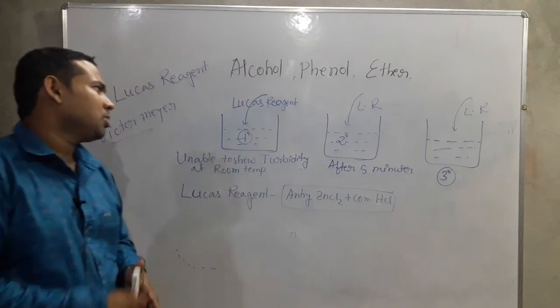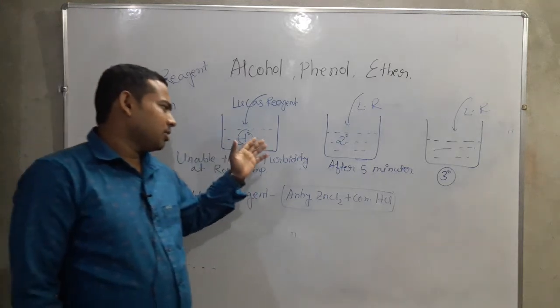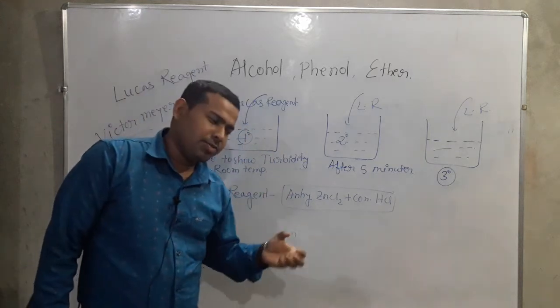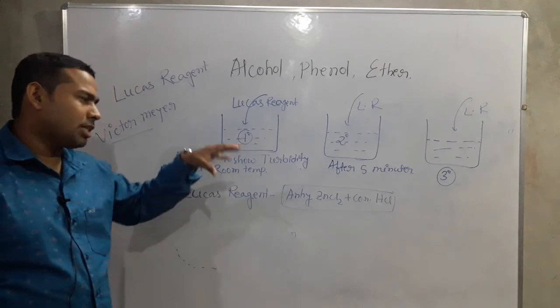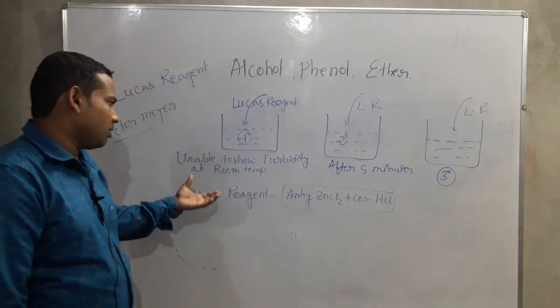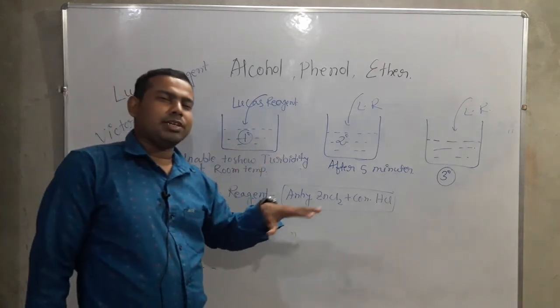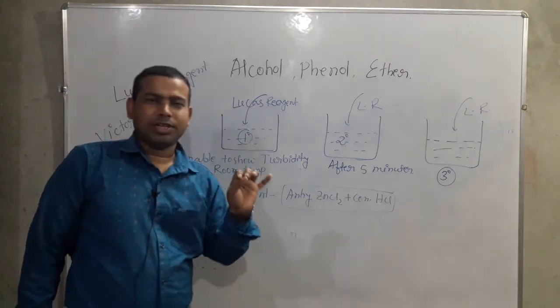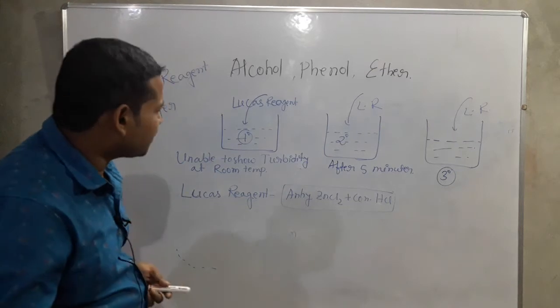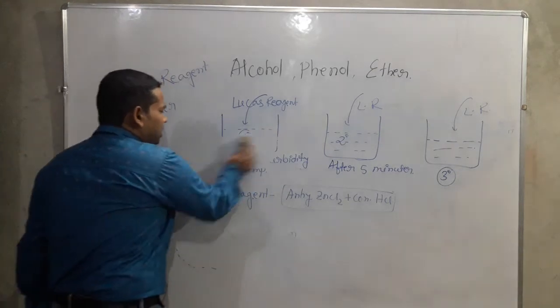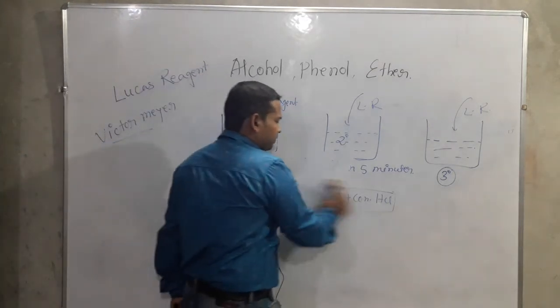So according to the Lucas reagent test, tertiary alcohol immediately shows turbidity after addition of Lucas reagent. Secondary alcohol shows turbidity after 5 minutes, and primary alcohol is unable to show turbidity at room temperature, but if you heat the solution, maybe turbidity will appear. Clear? This is the first test for identification of different kinds of alcohol.